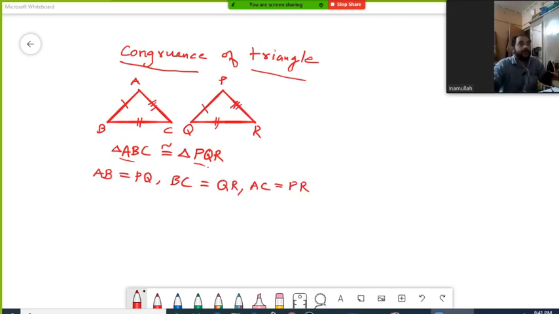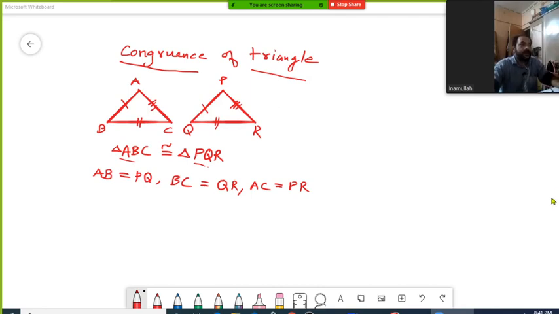We can state that if two triangles are congruent, then the corresponding sides of those two triangles will be equal and congruent. Hope it is clear to everybody.